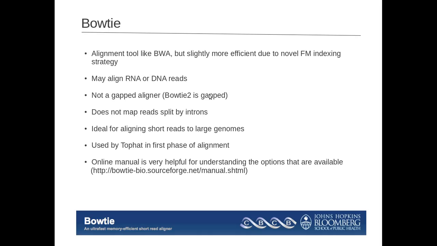Bowtie 2 has come out in the last, I guess it's a little more than a year ago now. And again, Bowtie does not do split reads, so it cannot map reads that are at the junction between two exons in an RNA-seq data set.